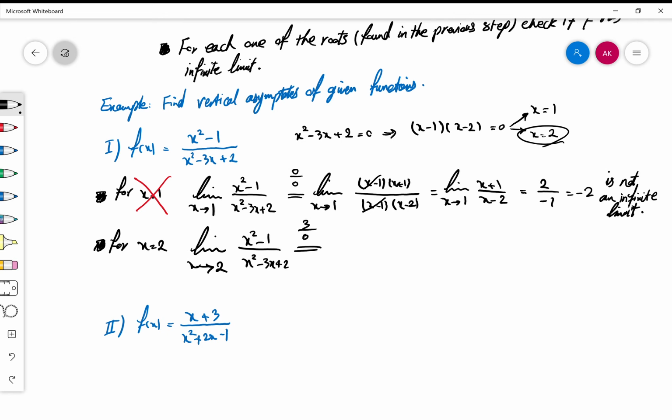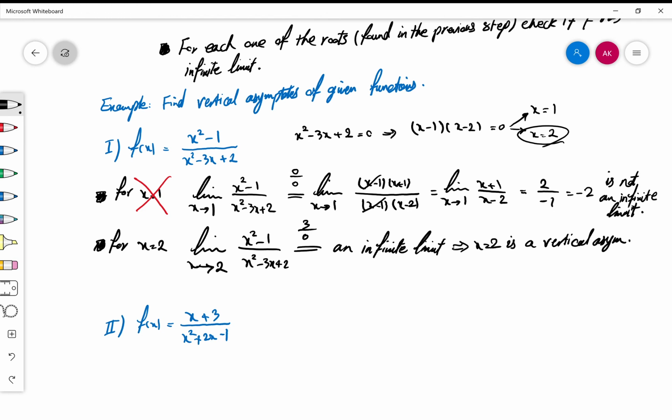As you know, if the limit of numerator is non-zero, limit of the denominator is 0, this is an infinite limit. Well, you can study in detail when it is positive infinity or negative infinity, but for vertical asymptote, this is enough. That right away means that x equal to 2 is a vertical asymptote.